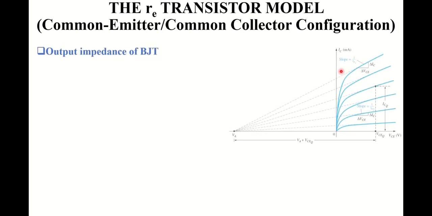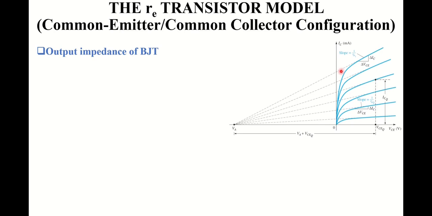Earlier we assumed straight lines, rather they have a slope as shown in the output characteristic graph that defines the output impedance of this device. The steeper the slope, the less will be the magnitude of output impedance Z0 and vice versa. You can notice in this diagram that all slope curves are extended until they intersect the horizontal line.